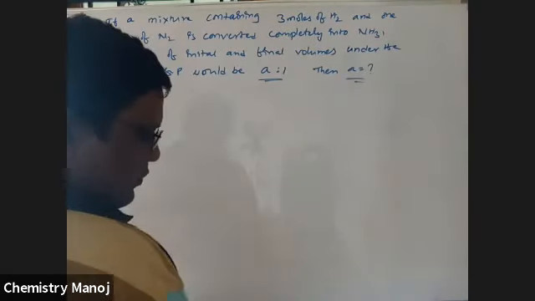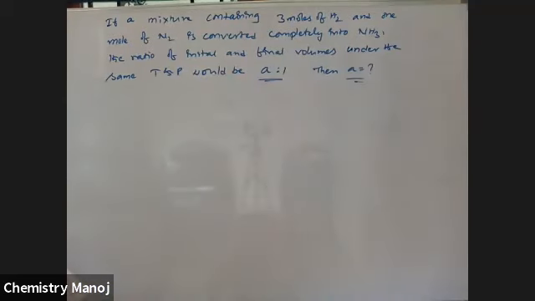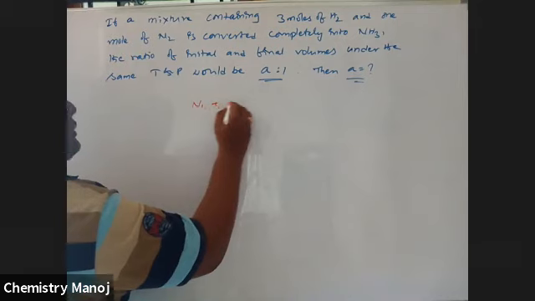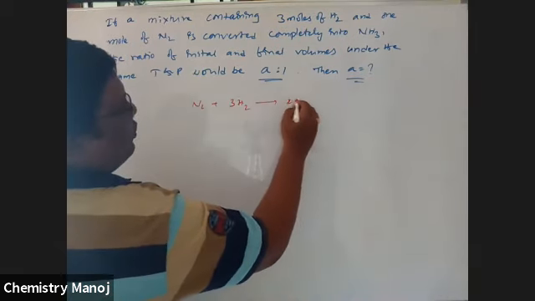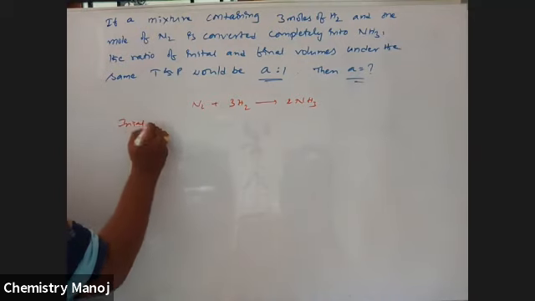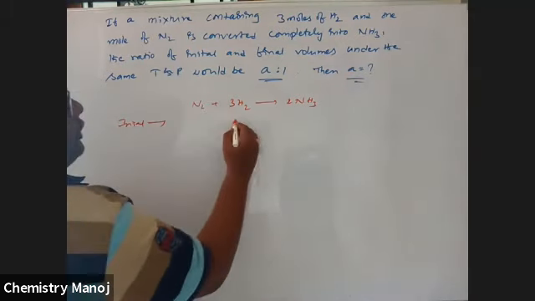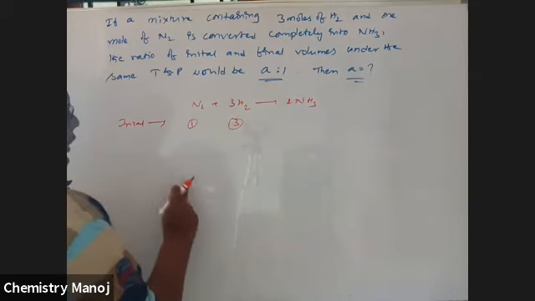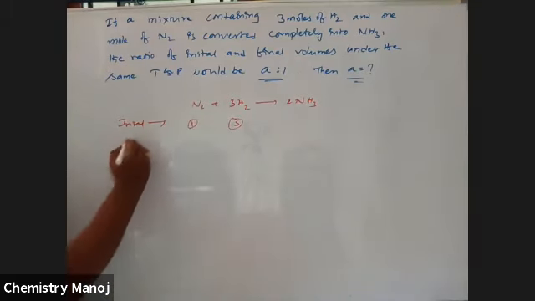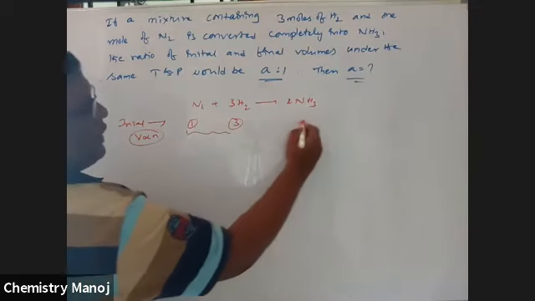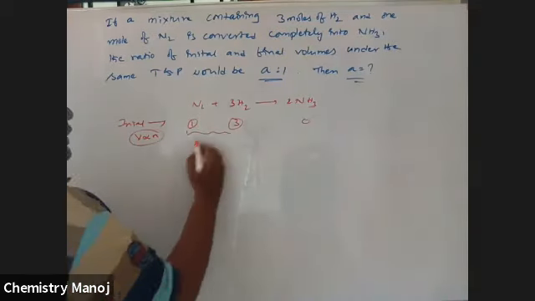The answer is 2. So write the equation: N2 plus 3H2 gives 2NH3. Initially, 3 moles hydrogen and 1 mole nitrogen are taken. Number of moles is equal to volume, as V is directly proportional to n. So 1 volume, 3 volumes, ammonia 0.